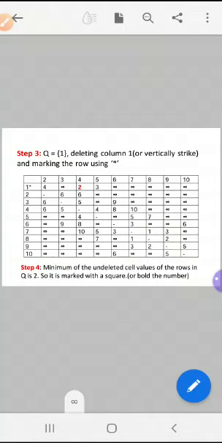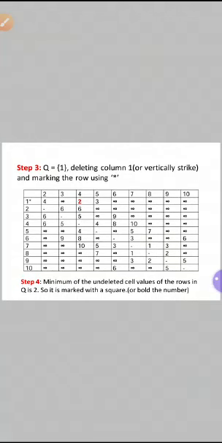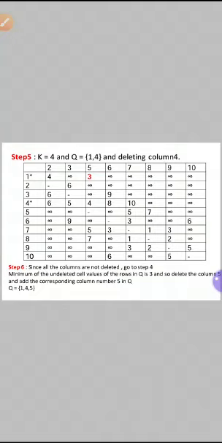Now look at row 1. There are numbers 4, infinity, 2, 3 and infinities, and find the smallest of these numbers. The smallest one is 2, and that 2 corresponds to the 4th column. Therefore in the next step, delete the column 4 and mark the row 4 using a star. So here column 4 is deleted and row 4 is marked with the star.